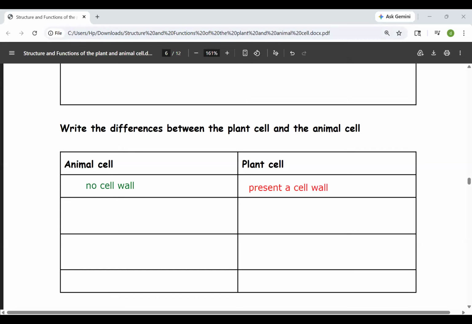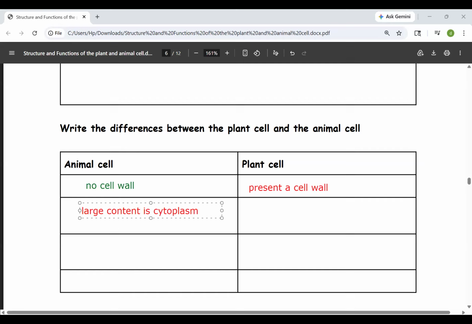Regarding animal cell, you can write large content is cytoplasm. Cytoplasm means the medium. It has a large medium.